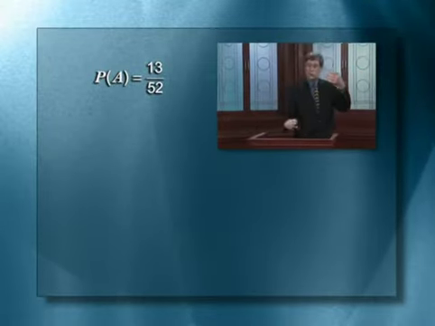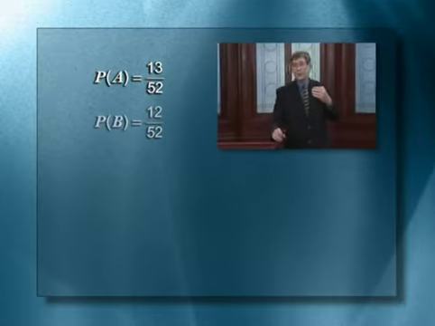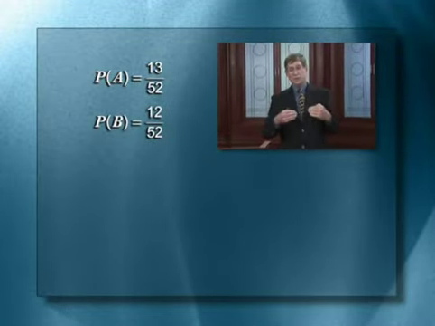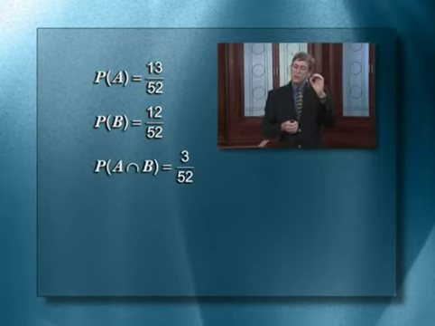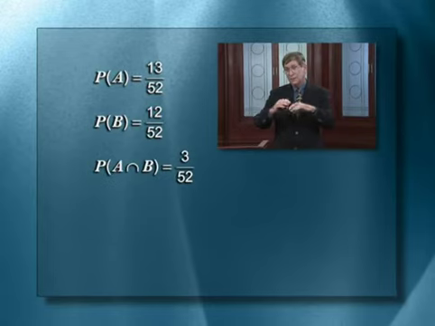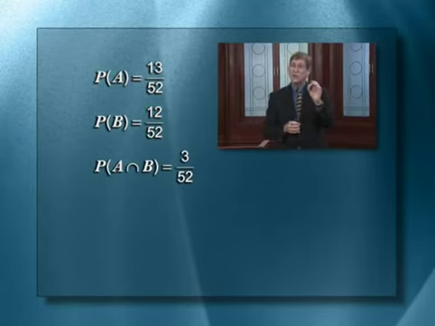All right, so let's answer the question. The probability of getting a heart, we discovered, was 13 over 52. The probability of a face card was 12 over 52. And the probability that it's both a heart and a face card, the overlap, is 3 out of 52. There are 3 cards that have both properties.